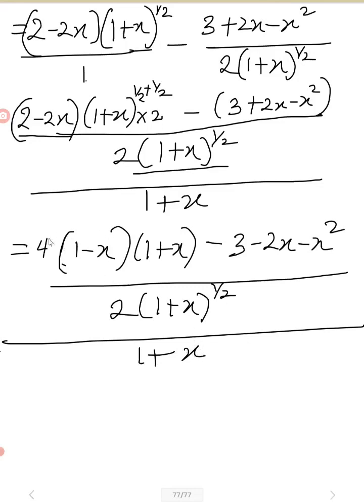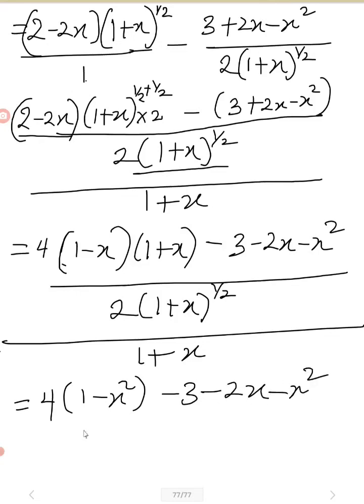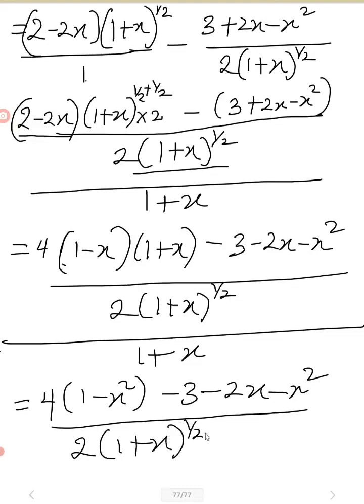Now, let's try to expand this. Recall that if you are to expand this on its own, it will just give you 4 onto 1 minus x squared straight. Minus 3 minus 2x minus x squared over 2 onto 1 plus x raised to power half, times 1 over 1 plus x.